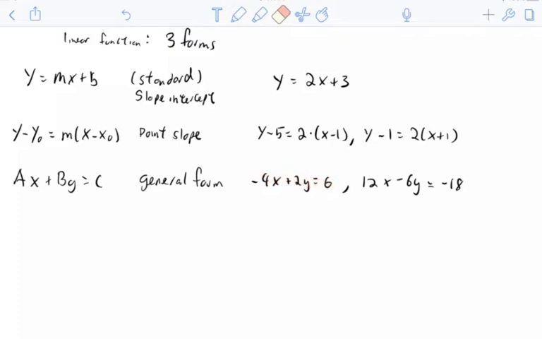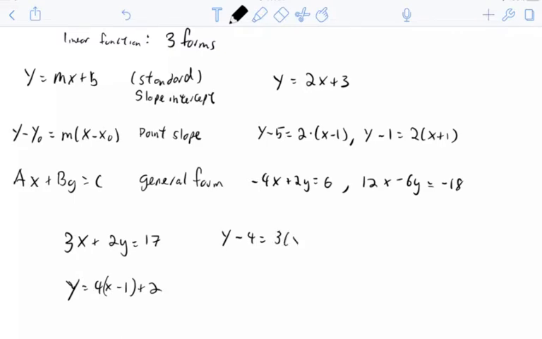So before I go on, let's just talk about recognizing a specific form, because you see it sometimes. 3x plus 2y is equal to 17. Or y is equal to 4(x minus 1) plus 2. Or y minus 4 is equal to 3(x plus 1).